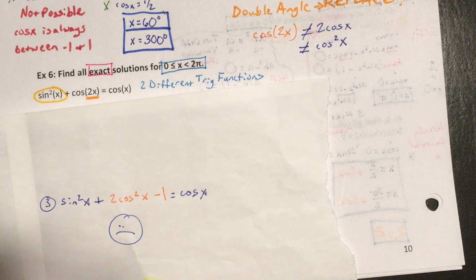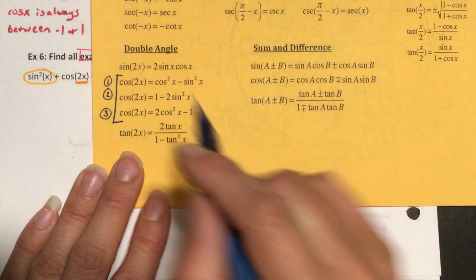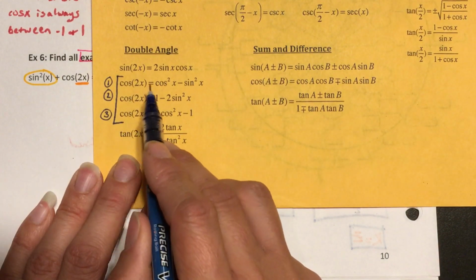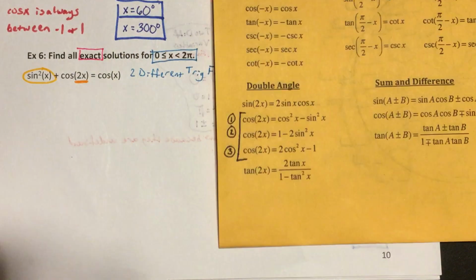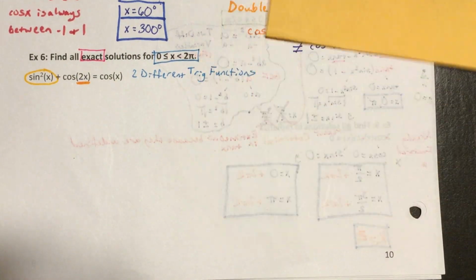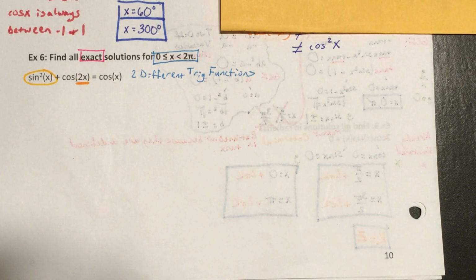So we are going to choose the first variation of the cosine of 2x identity. So cosine squared minus sine squared x. So similar to what you've done in the past with proofs, sometimes you have to play around with the solving problem to figure out the best way of doing it or how you can actually get to something that makes it solvable.